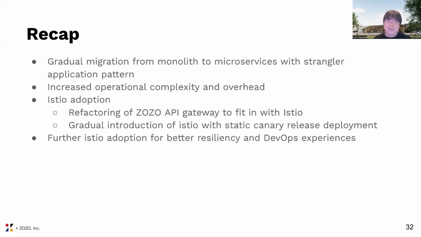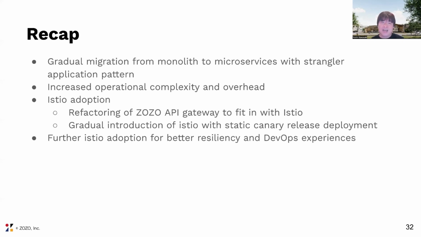So let's recap the migration. We did a gradual migration from monolith to microservices using the strangler application pattern. As we proceeded with the migration, we saw increased operational complexity and overhead. To resolve those problems, we decided to adopt the Istio service mesh.